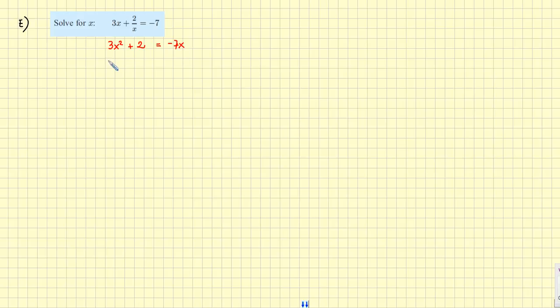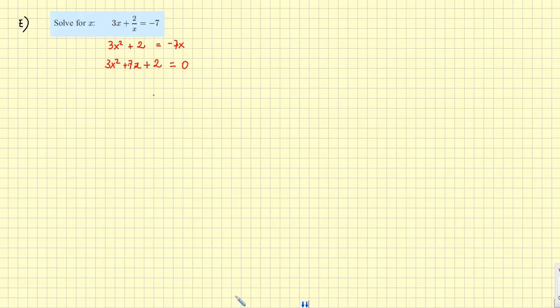And from there, I will say 3x squared plus 7x plus 2 is equal to 0. So I just brought everything over to one side.